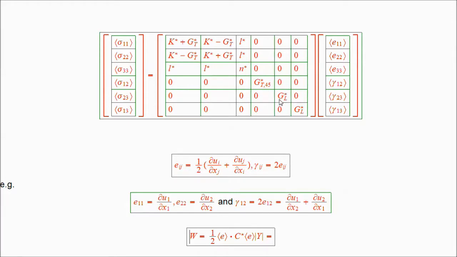And we have the out-of-plane shear modulus in these two places in the stiffness matrix. Here we have the strains given by this expression, and on the right hand side we have the average stresses.